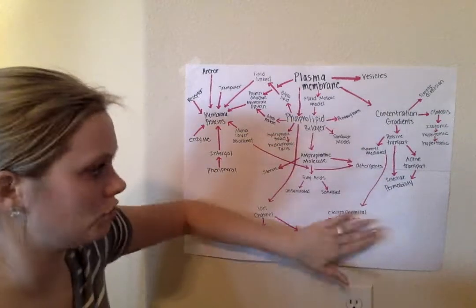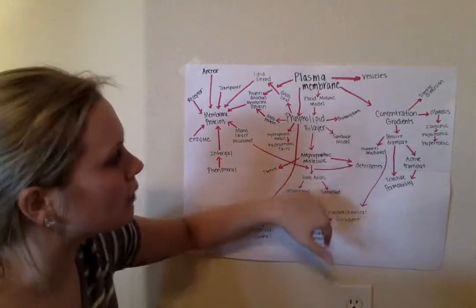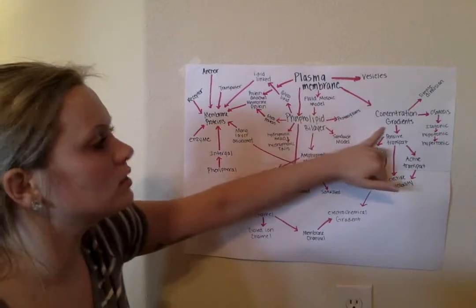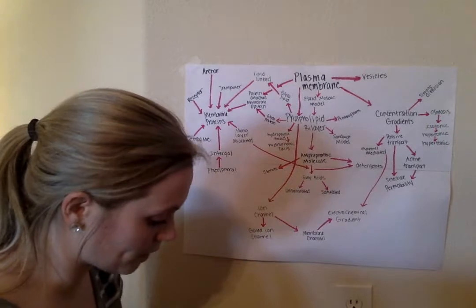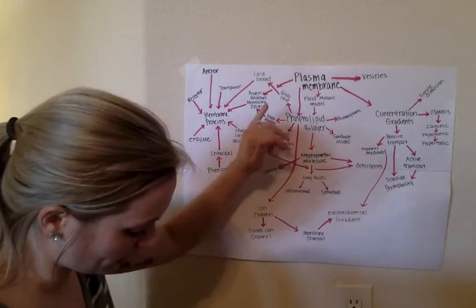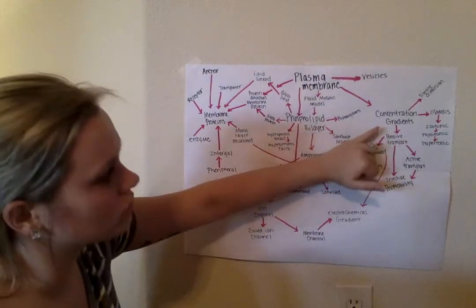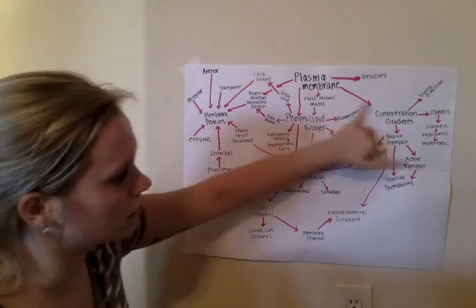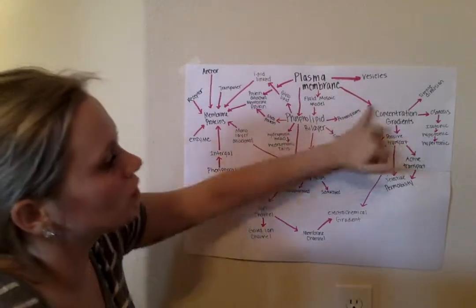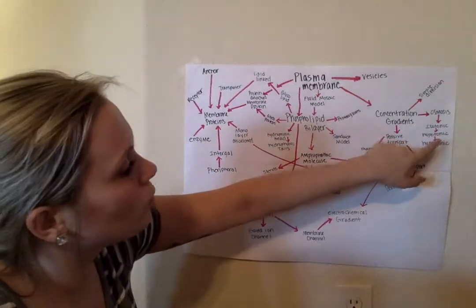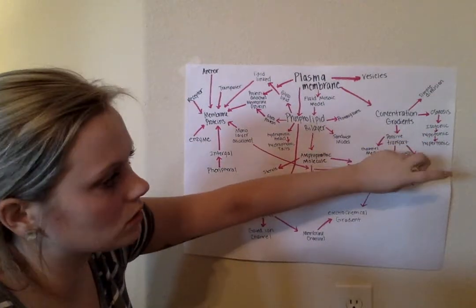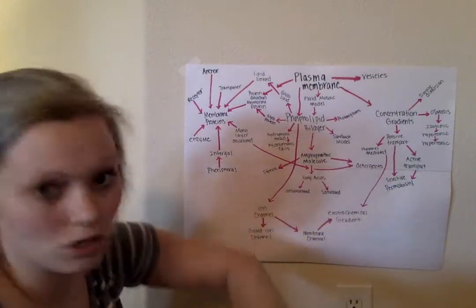So I'm going to jump up to concentration gradients and work back down. Concentration gradients work across the plasma membrane, so everything occurs along the plasma membrane. With concentration gradients, you have simple diffusion, and you have osmosis, which involves isotonic, hypotonic, and hypertonic solutions.